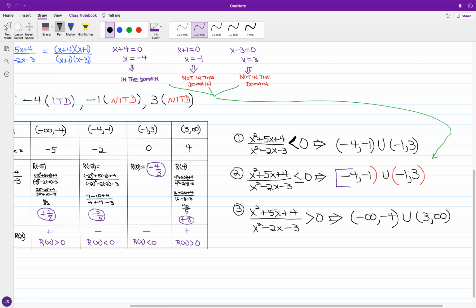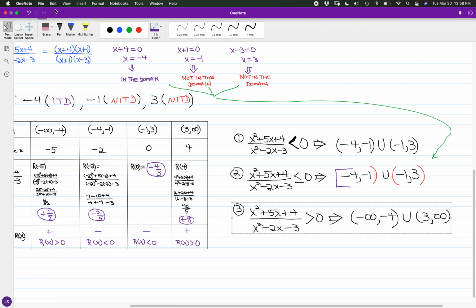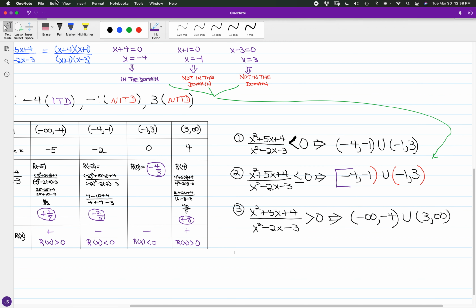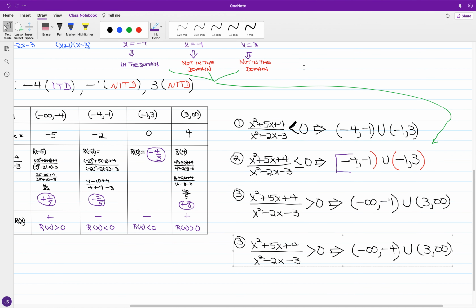And then for the case where we have the rational expression to be greater than or equal to 0, and again, just a bit of history repeating.